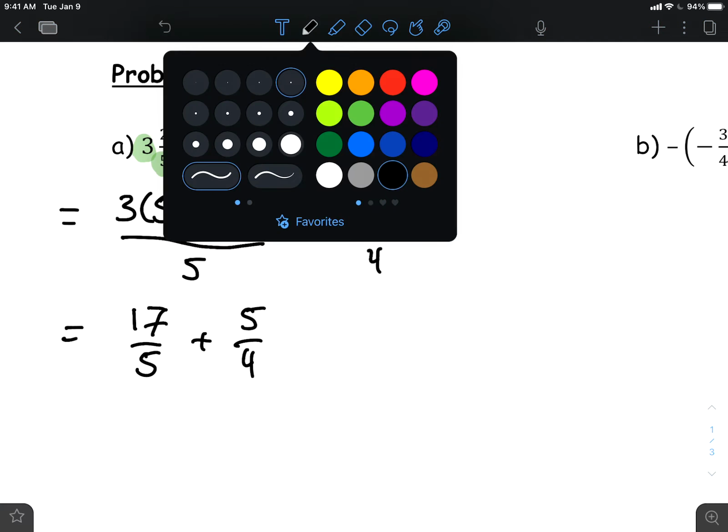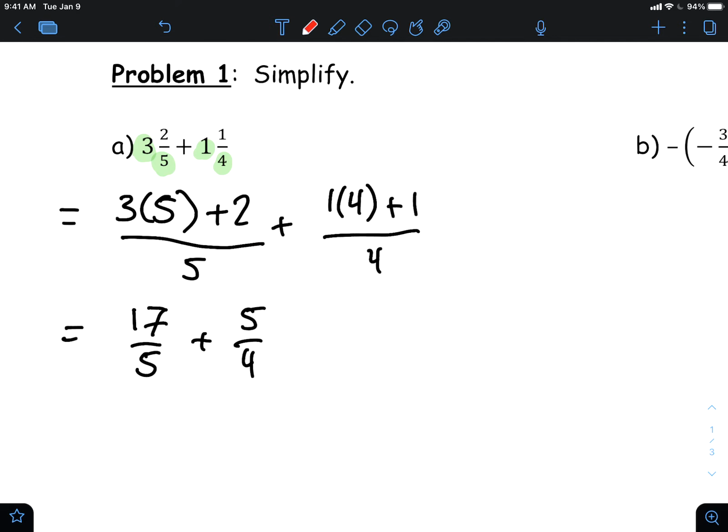But yeah, so we want to get both of these to have a denominator of 20. So this one we're going to multiply by 4, by 4. That one by 5. And so we get 68 over 20 plus 25 over 20.